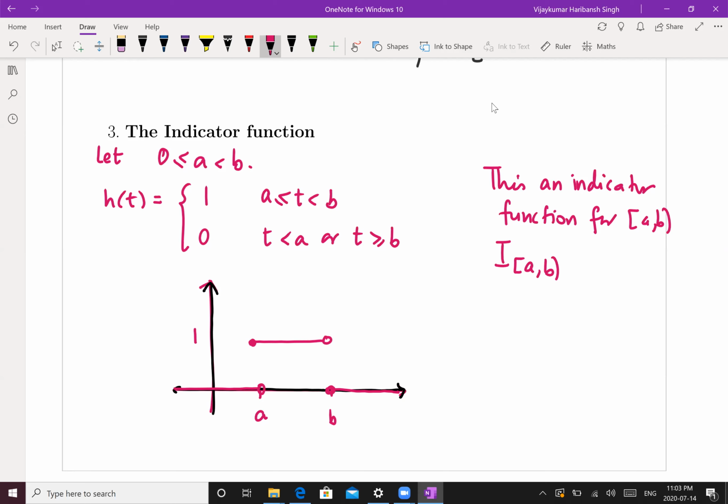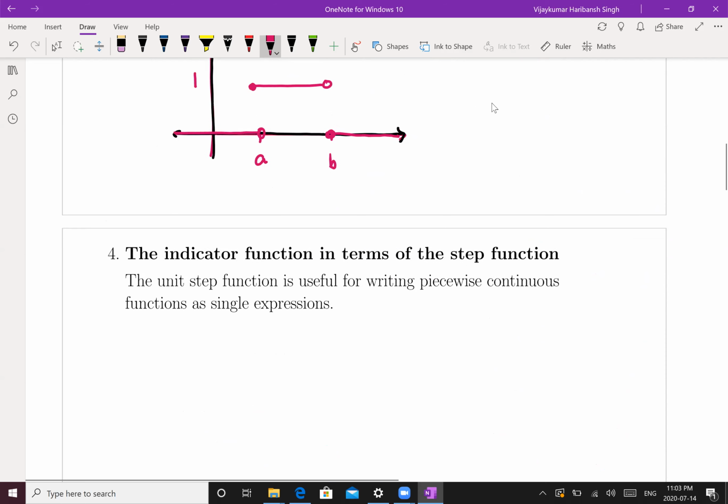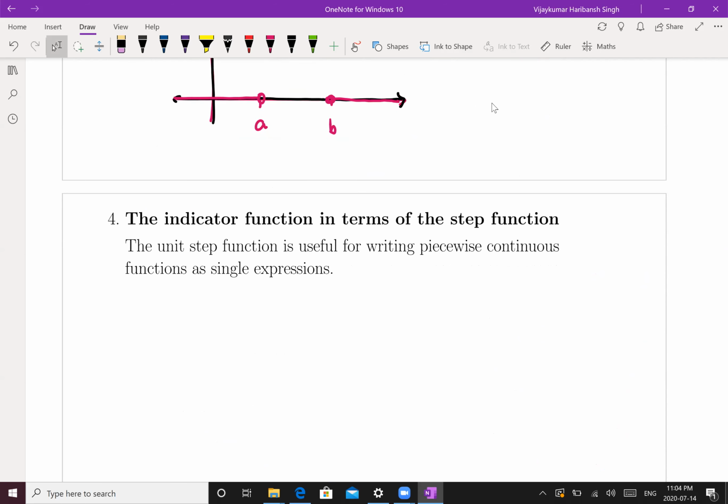Now we can write the indicator function in terms of step functions as well. Recall, the indicator function h of t is 1 if a is less than or equal to t, which is strictly less than b, and 0 otherwise.